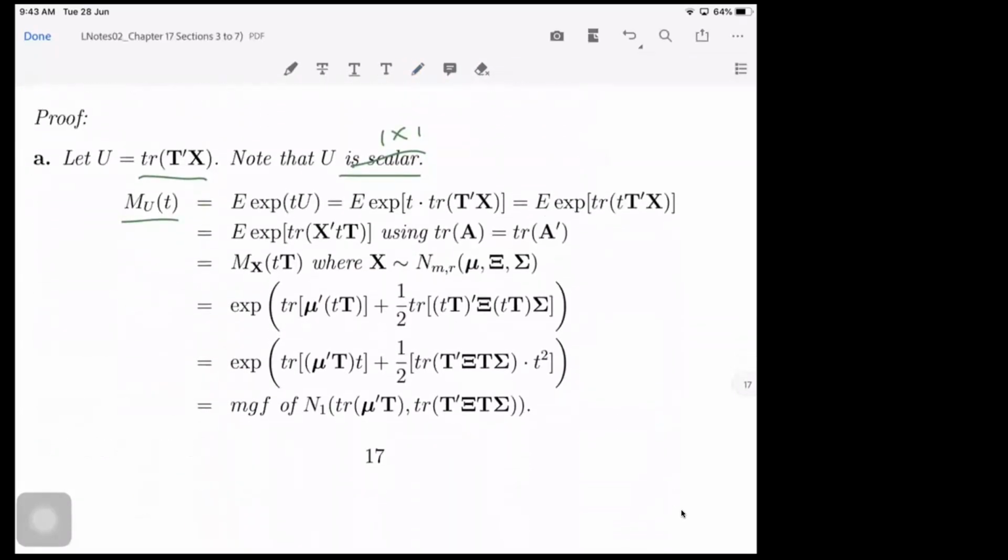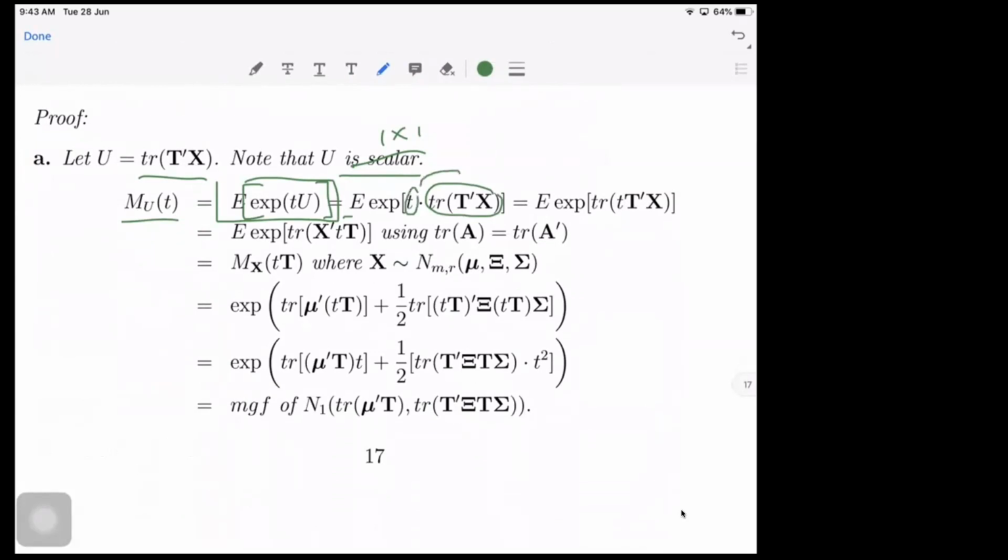So the moment generating function of U, by definition, is the expected value of the exponential of tU, which is the expected value of the exponential of t times the trace of T prime X. And then by property of a trace, pwede ra nimo isulod sa sulod.